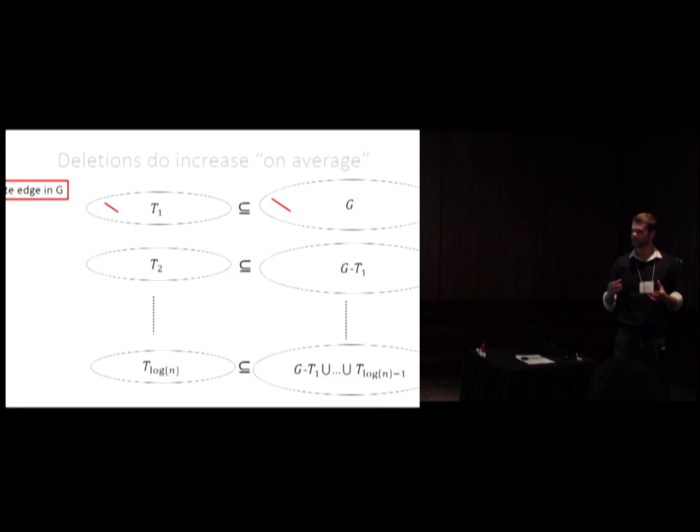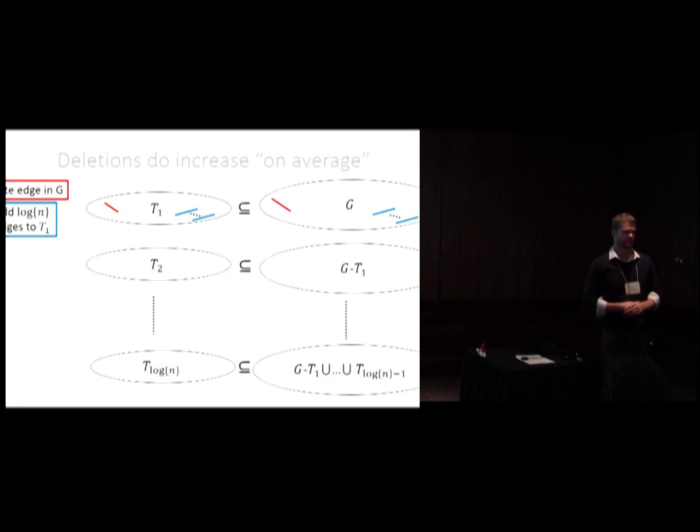Now notice that spanners preserve some shortest paths, so it's not just that we need to connect the components back. We may have deleted an edge that was critical for many shortest paths, such that many paths between vertices use this edge in a very nice way. So it's possible that we could use log n edges to patch up each of these paths and give a path between each of these vertices.